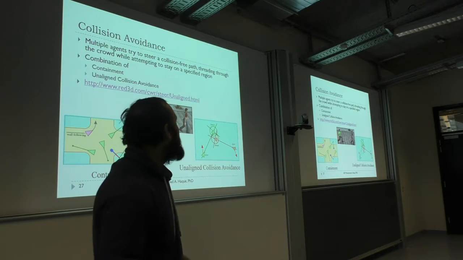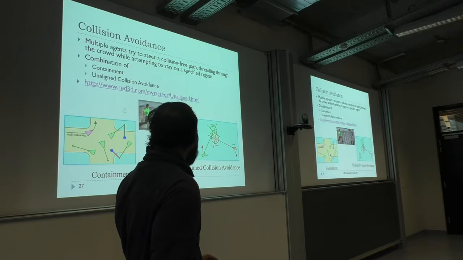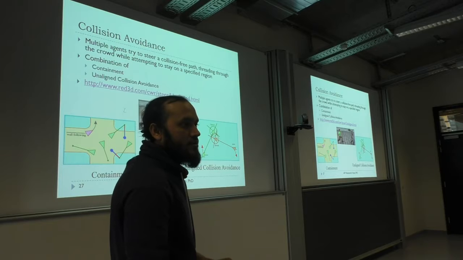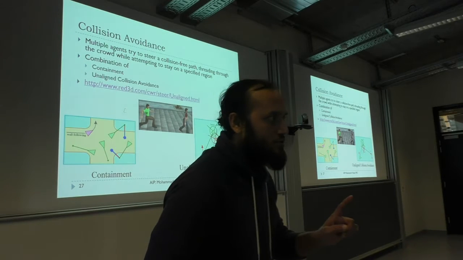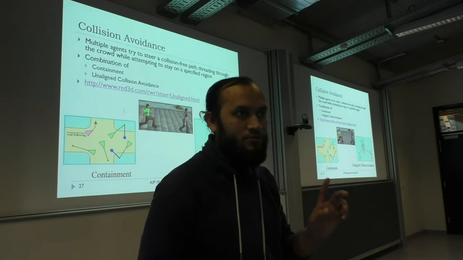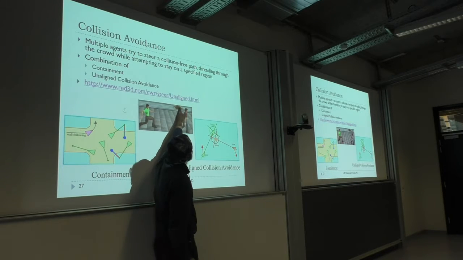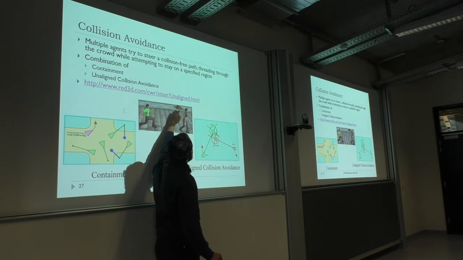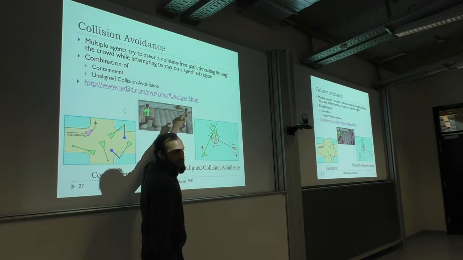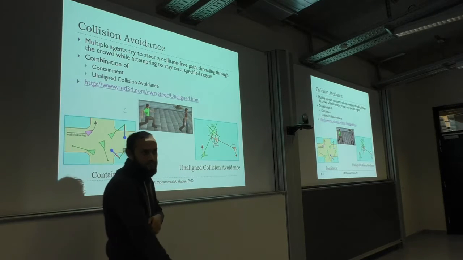Then what is collision avoidance? Obstacle avoidance, we saw this one, didn't we? For example, there is a tree, and this guy wants to walk in this direction, then there is an obstacle. So he has to avoid this obstacle.